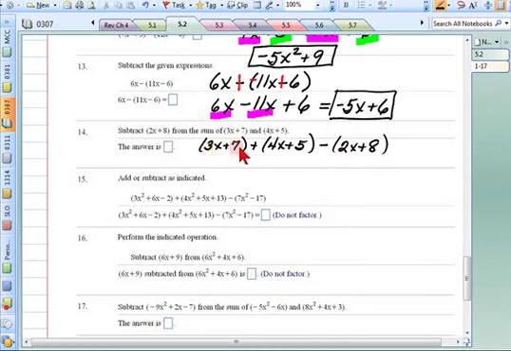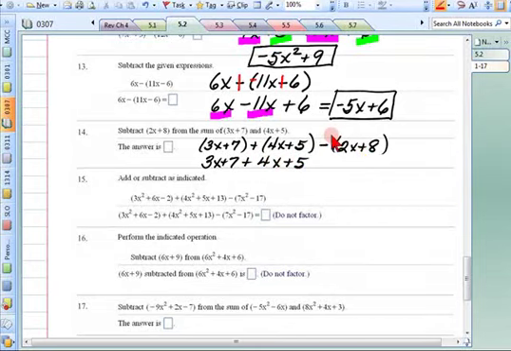Do I have to worry about any signs in here in the first group? Nope, that's just going to be 3x plus 7. The second group, preceded by a plus, no worry, plus 4x plus 5. What about the last group? Yes, the signs are going to change.